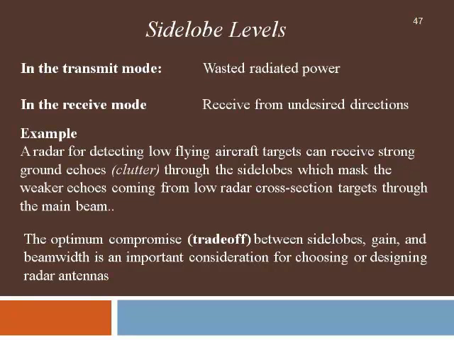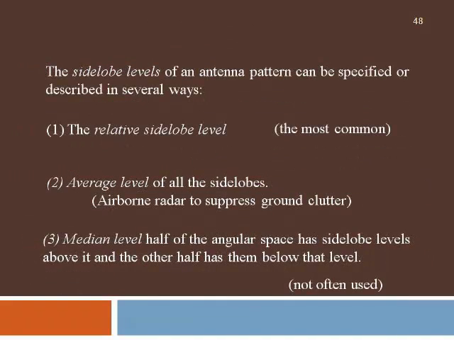The side lobe levels of an antenna pattern can be specified or described in several ways. One is the relative side lobe level, that means the ratio of the first side lobe maximum amplitude to the main lobe maximum amplitude, which we consider as the RSLR, relative side lobe level.